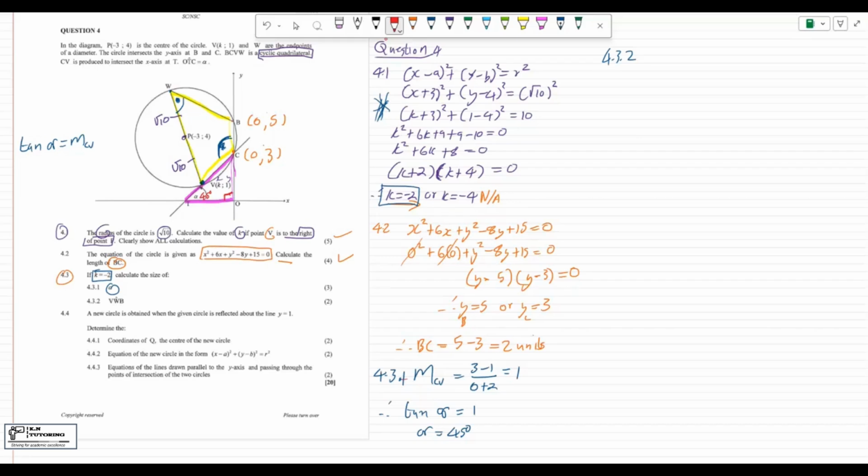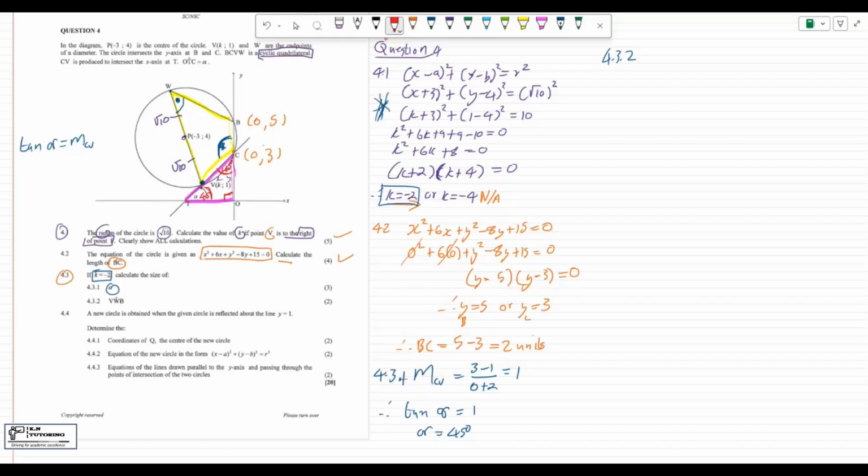So that angle TCO is going to be 180 minus 90 minus 45. So this angle here is also going to be 45, right? So these two angles are equal.